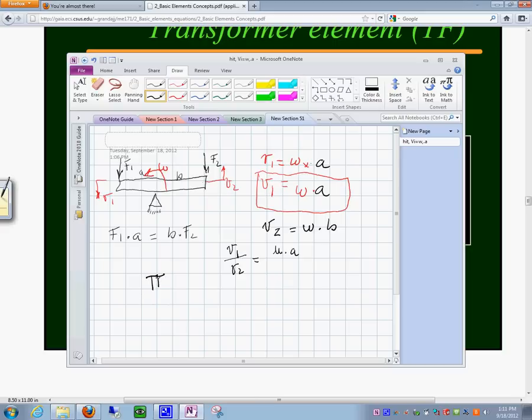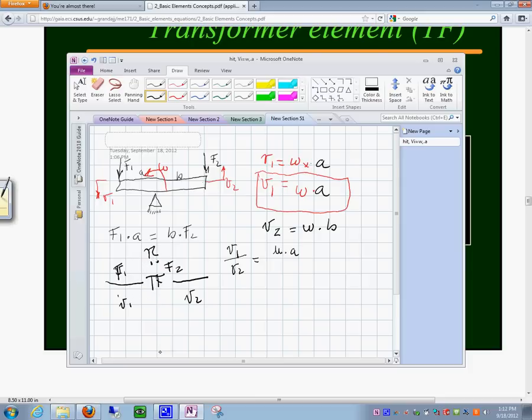You say TF, and on this side you have v1 and f1. I should say f1 first and then v1, and f2 and v2. So the transformer is in this case R.